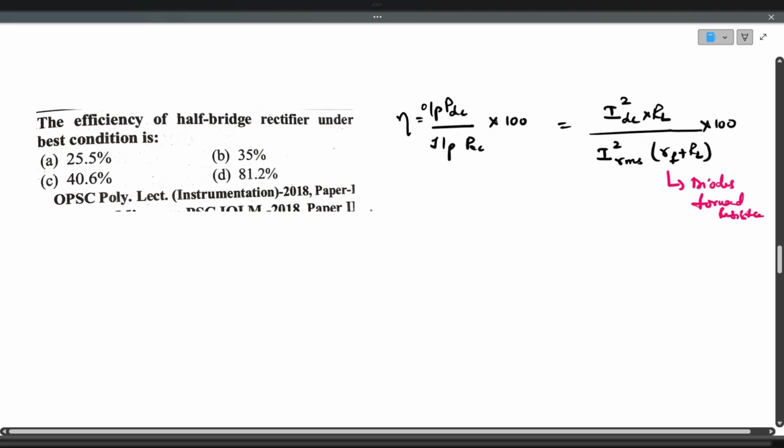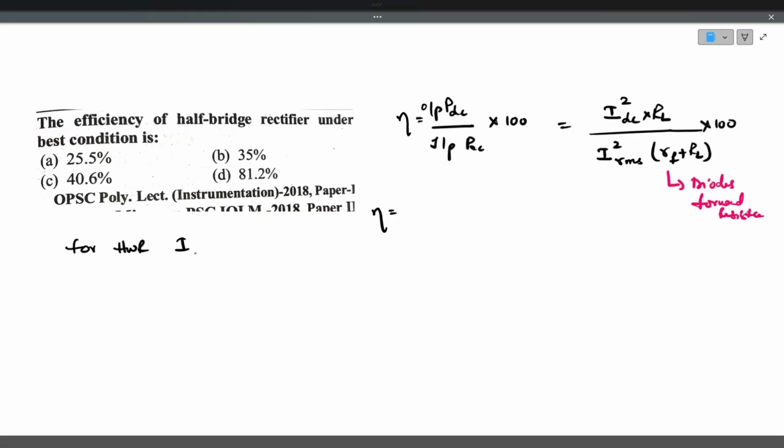Now for the half wave rectifier, we have IDC equals Im by pi and IRMS equals Im by 2.